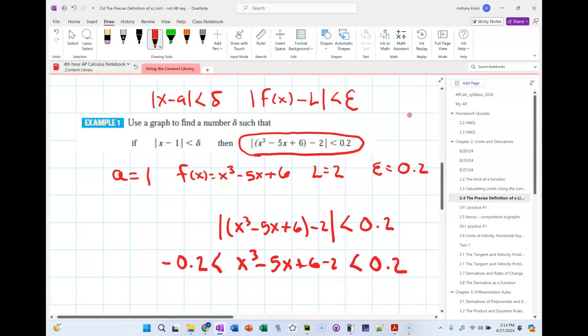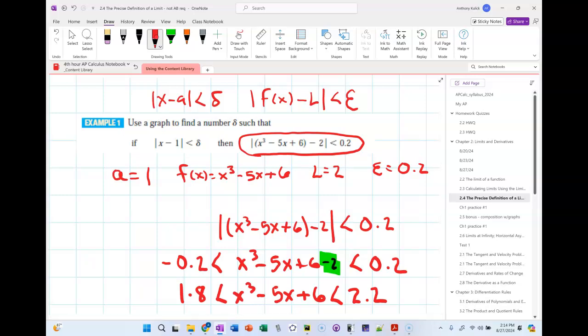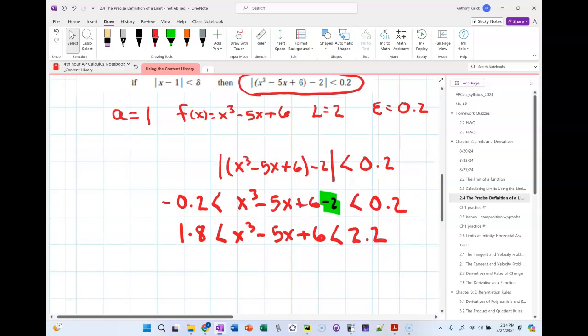And now I'm going to add the L to both sides. So if I add 2 to both sides, so far so good.